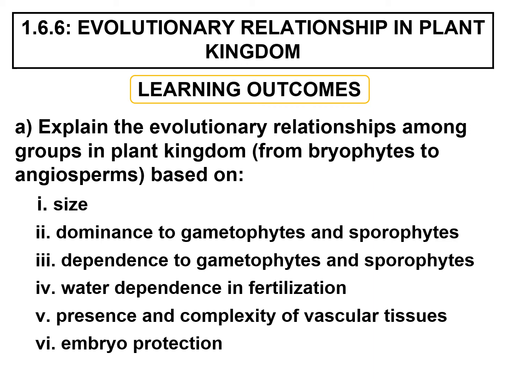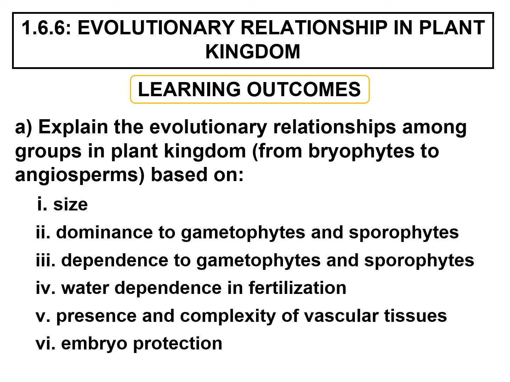And then the dependency of the gametophytes and sporophytes. So which one depends on which generation? So when the sporophyte depends on gametophyte, so it is considered as less advanced. Water dependency in fertilization. In those plants which has advanced characteristic, the plants does not depend on water for fertilization.